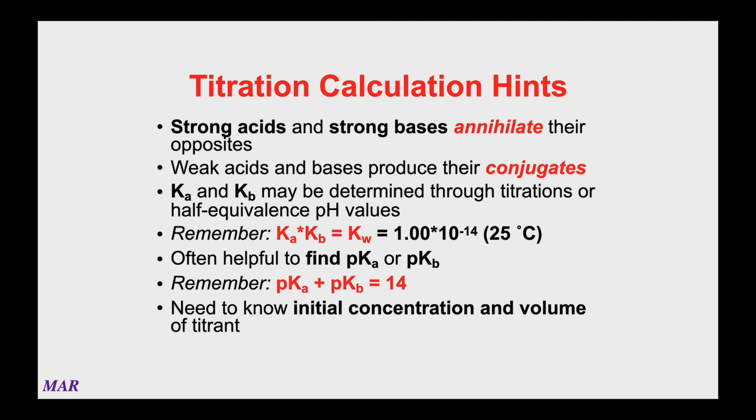You almost always need to know the initial concentration and volume of the titrant. Sometimes it'll be given to you, and sometimes you need to figure it out. You can also figure out the amount of titrant needed to reach equivalence, and we'll talk about these as we go through this section.